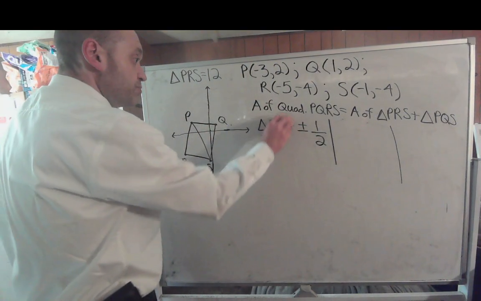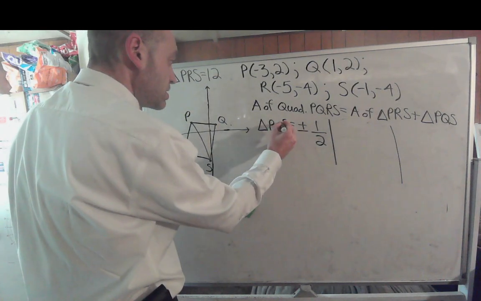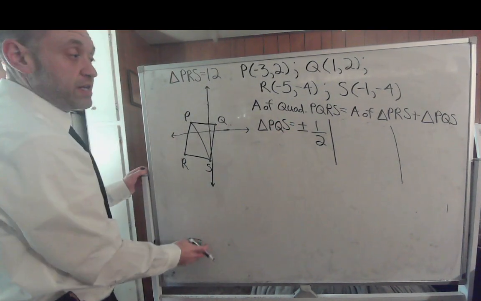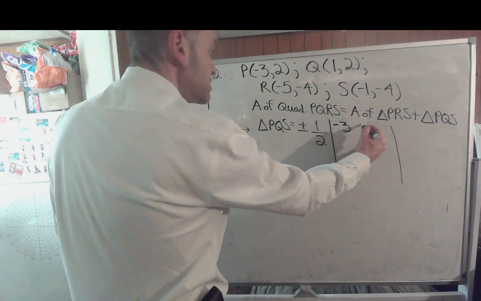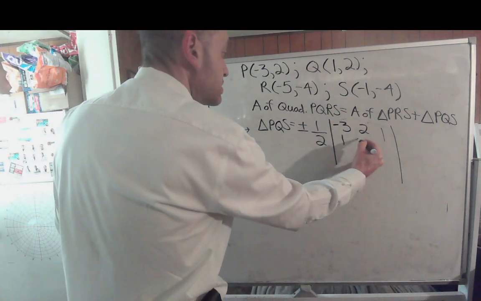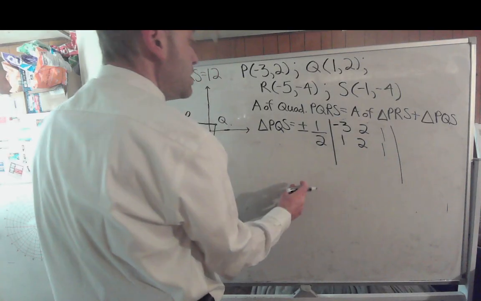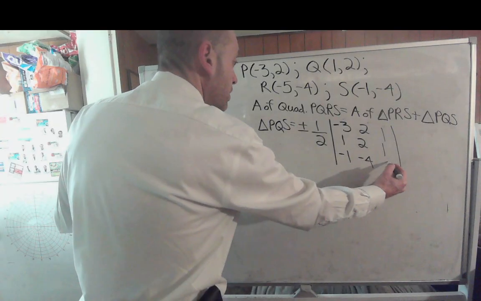So we're going to do PQS this time. In your determinant, still put in point P, so -3, 2, 1. Point Q was 1, 2, and 1. Point S was -1, -4, 1.